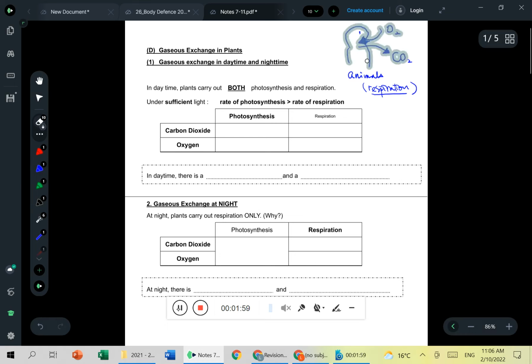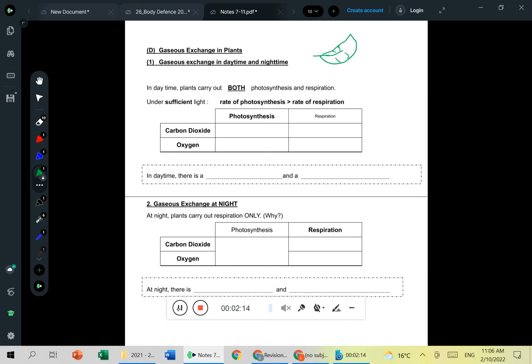Because if you think about plants, the first difference is that plants carry out two processes that differ in the gas exchange.